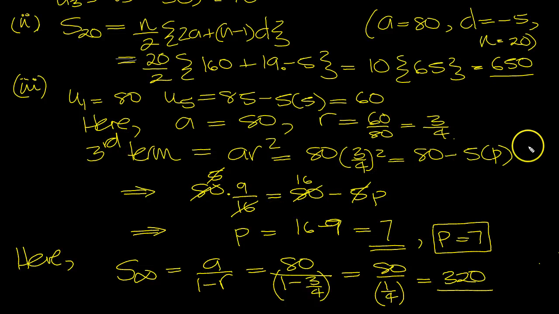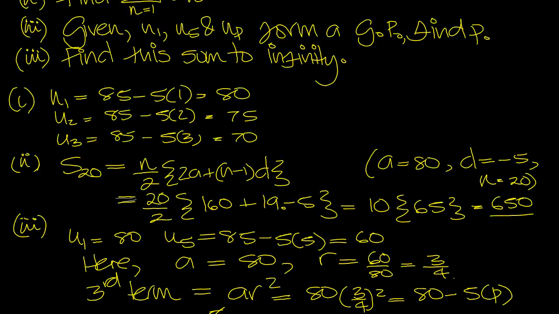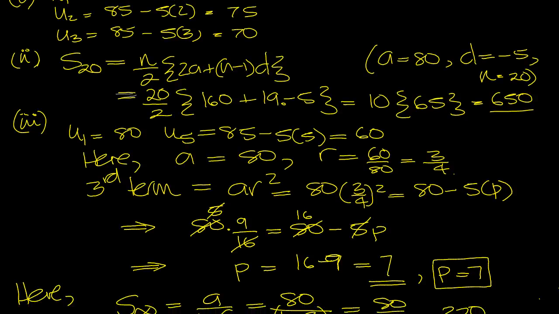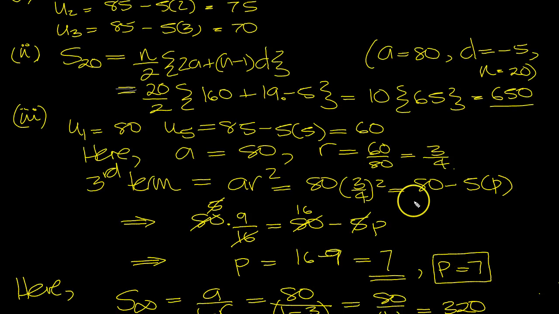Just looked over the question and double checked it all, and there's one slight mistake here. I've written down 80 minus 5p for up, and if you look at the definition, it would be 85 minus 5p, wouldn't it? So I need to change that, and this will change the value of p. So let's just do it here then. So that'll be 85, and see how we go here. So this will be 17, won't it, if you divide by 5?